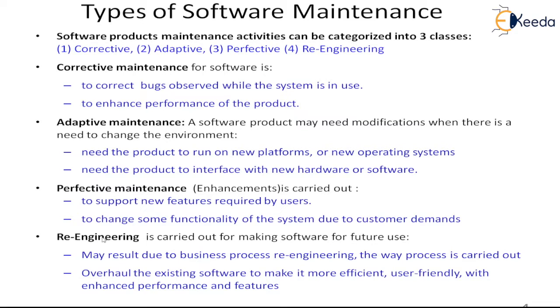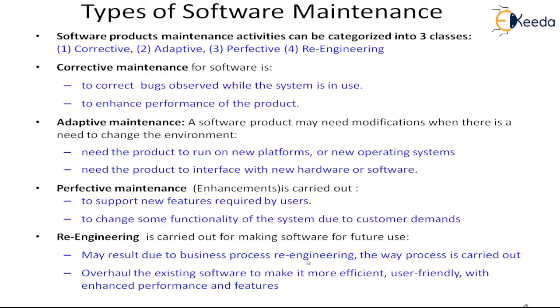Now, there can be one more type of perfective maintenance, which is called re-engineering, and it is carried out for making the software ready for future use. There are two reasons. We'll read it. It may result due to business process re-engineering. What is business process re-engineering? Business process is the way a process is carried out in the business. So suppose this business process itself is re-engineered.